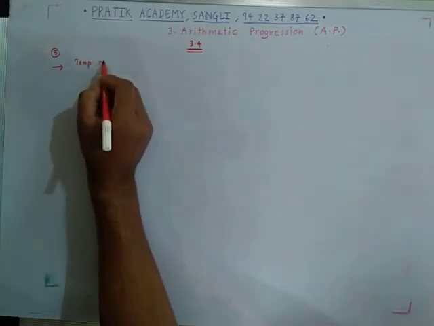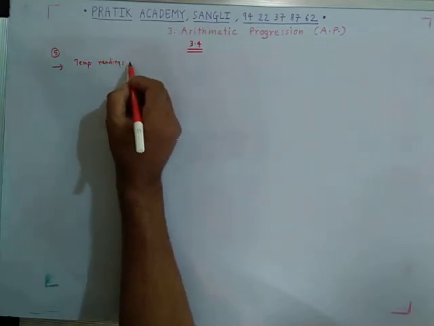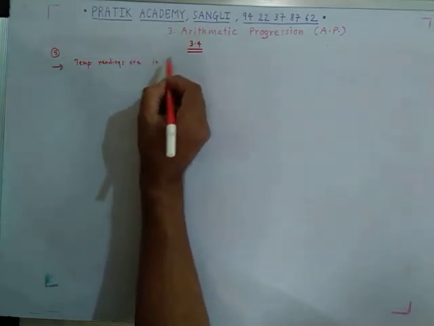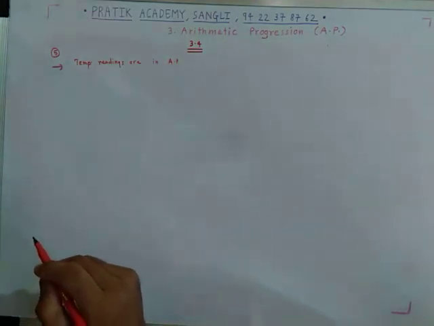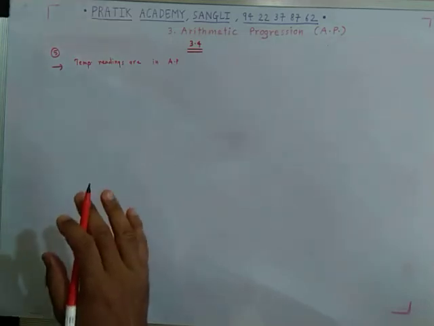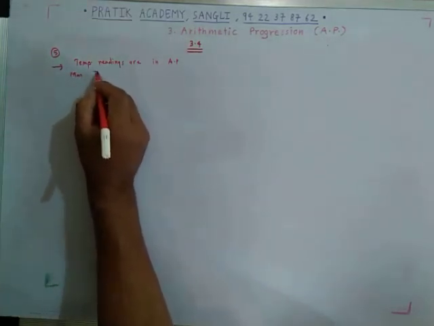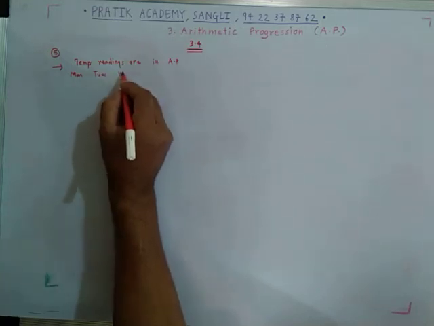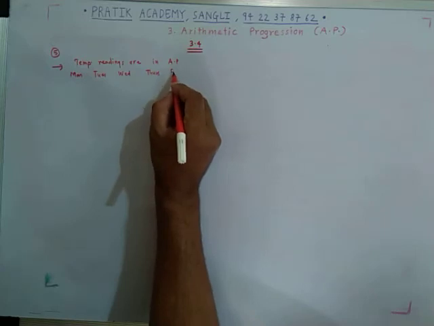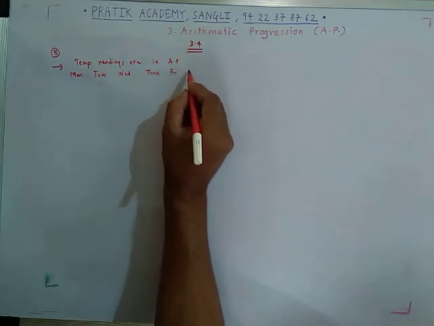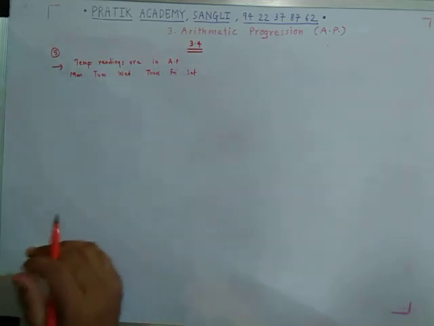Temperature readings are in AP, and there are a total of 6 days: Monday, Tuesday, Wednesday, Thursday, Friday and Saturday. 1, 2, 3, 4, 5, 6.